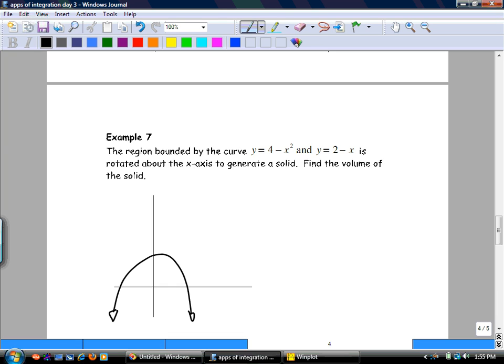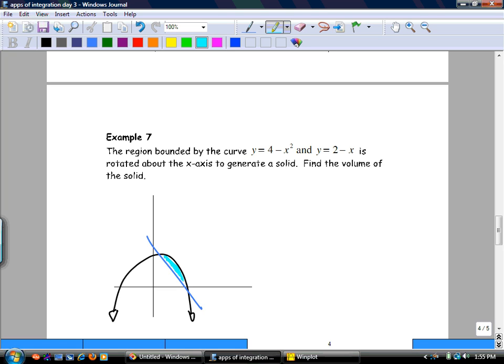And the second one is a line going down. So it wants you to find the volume of that shaded part if you spin it around the x-axis.